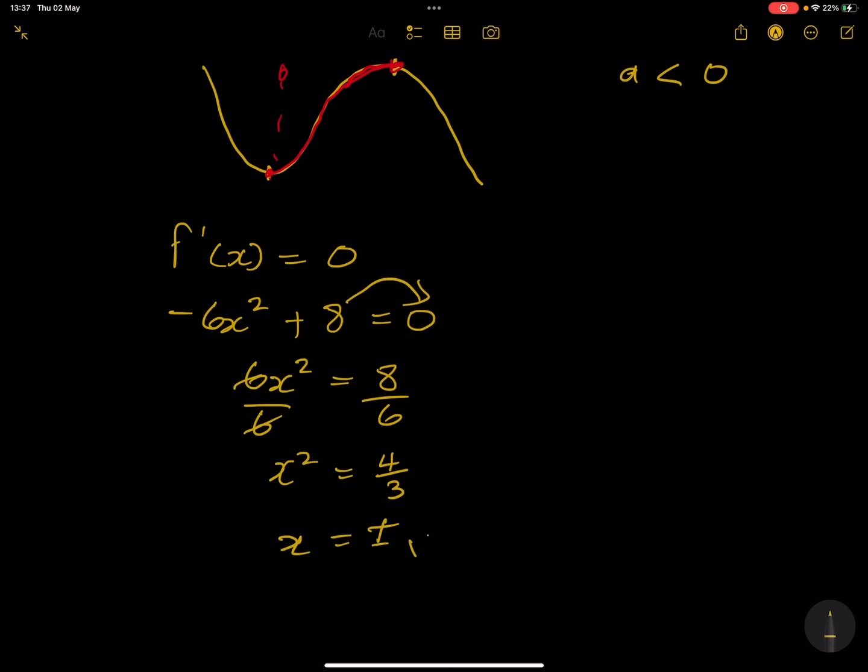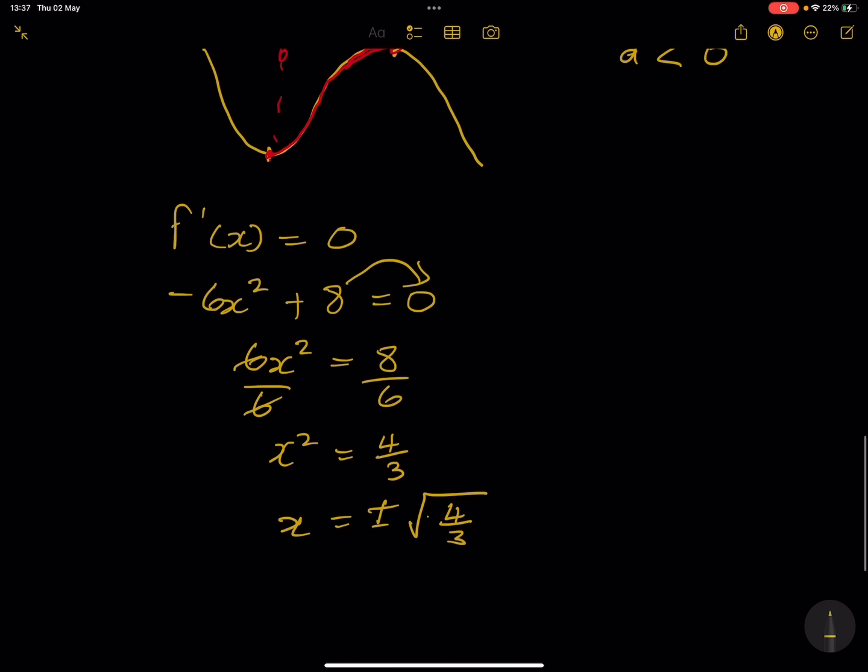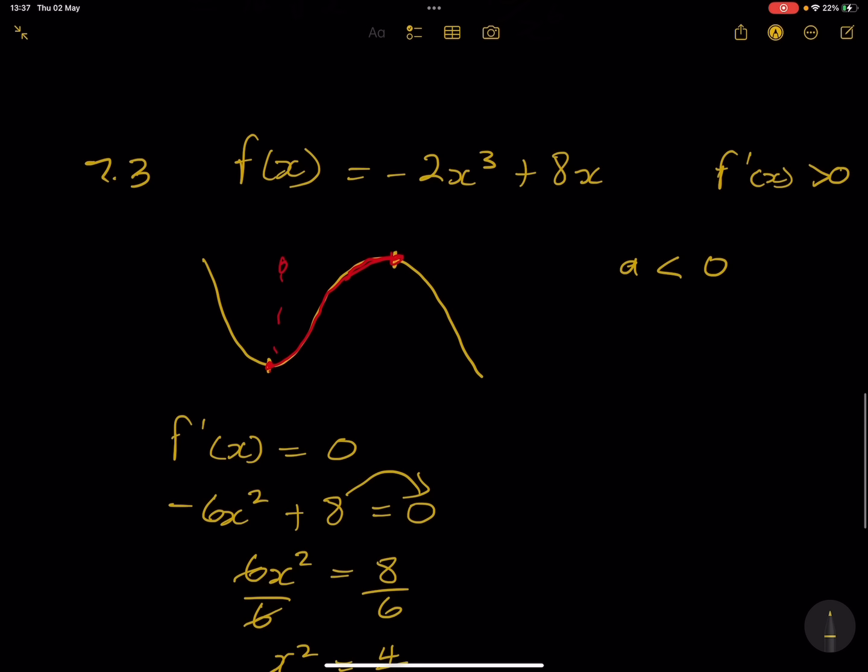Or you can say this is 2 over square root 3, right? So that means this x value here would be minus 2 over root 3, and this x value here would be 2 over root 3.